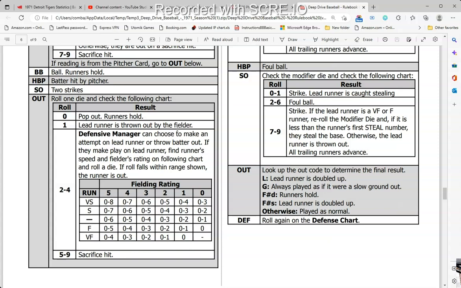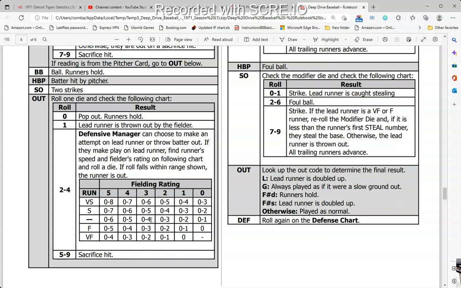Remember, if you have those top quality fielding guys, then you're going to look at this chart here, right, on the lower left-hand corner. And if you have a very slow runner on base, you're going to have a good advantage with a 5 guy. If you have a 3, your average guy, and you have an average runner, it's a 40% chance here that you can get him at the following base.